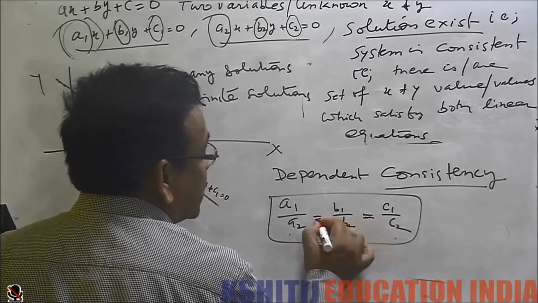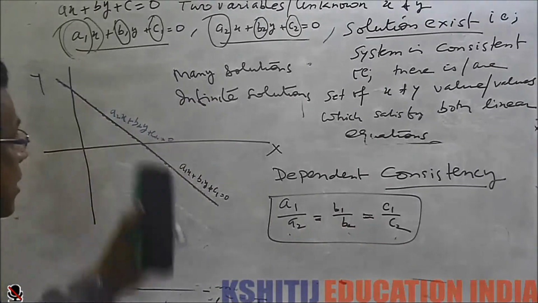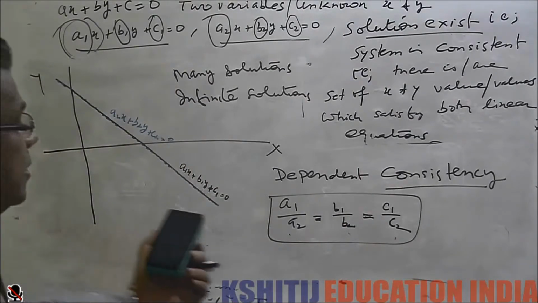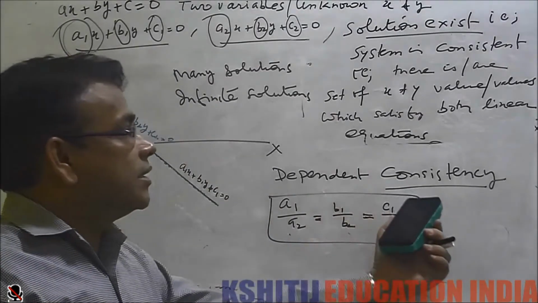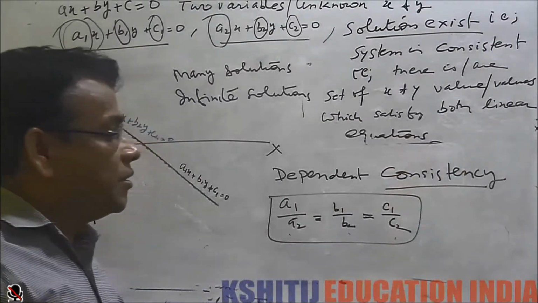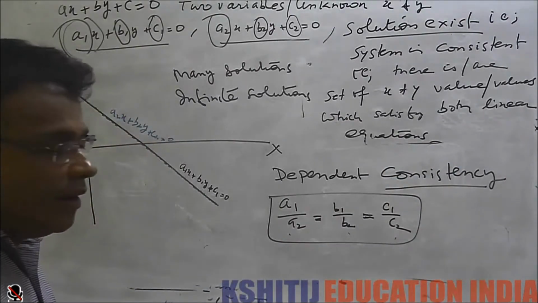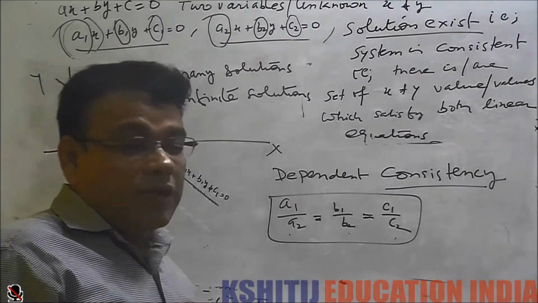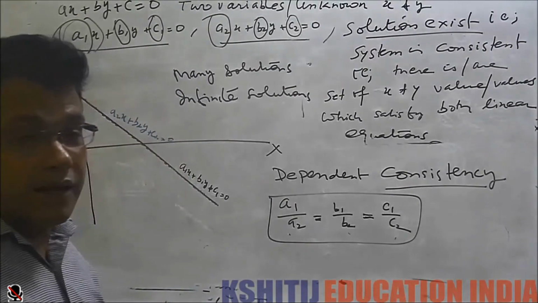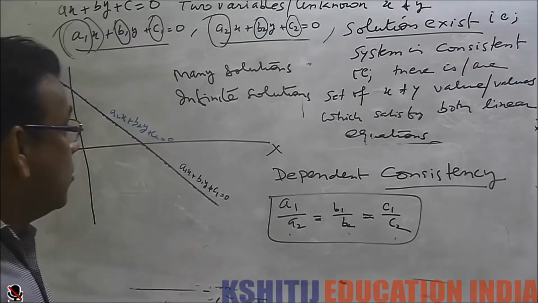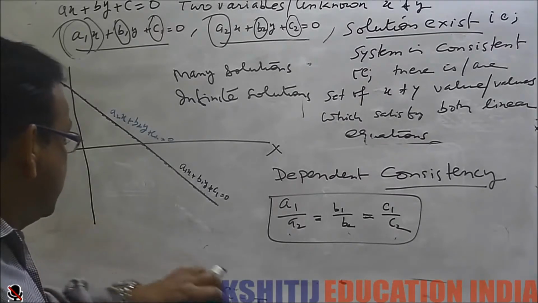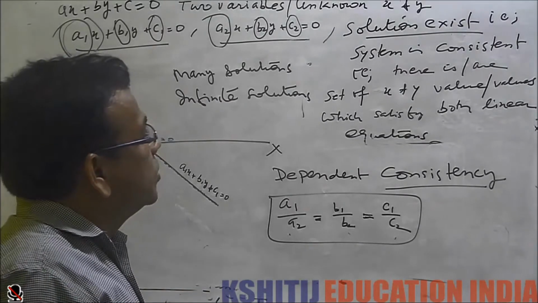In such a case, you would see a graph like this. This is the condition for dependent consistency: there could be more than one set of values of x and y which would satisfy both the equations together.